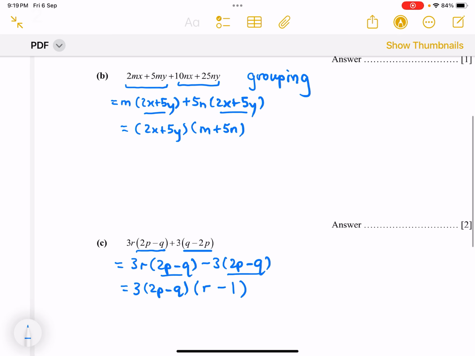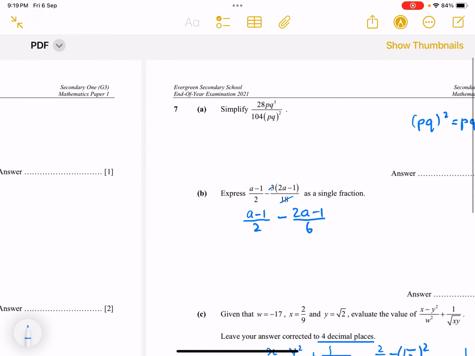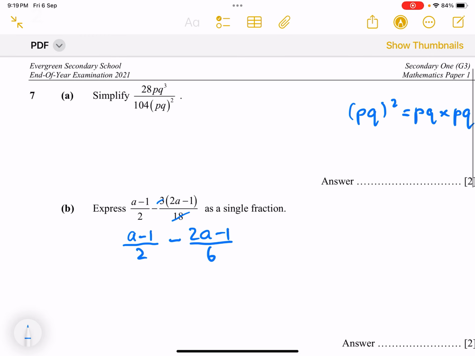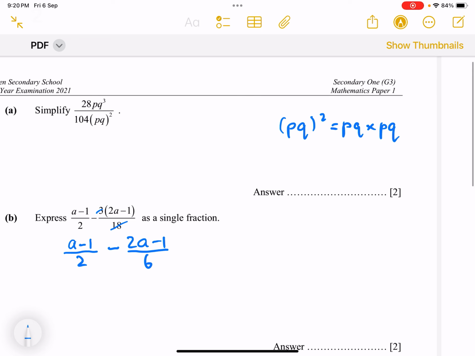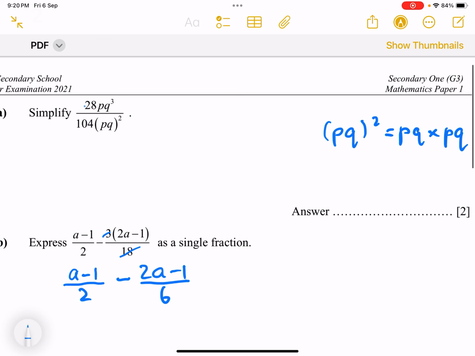Right, now we move on to simplify. Now, we first need to open up the brackets. Right, at the same time, we may want to cancel the fraction, which gives us 7 and 26.